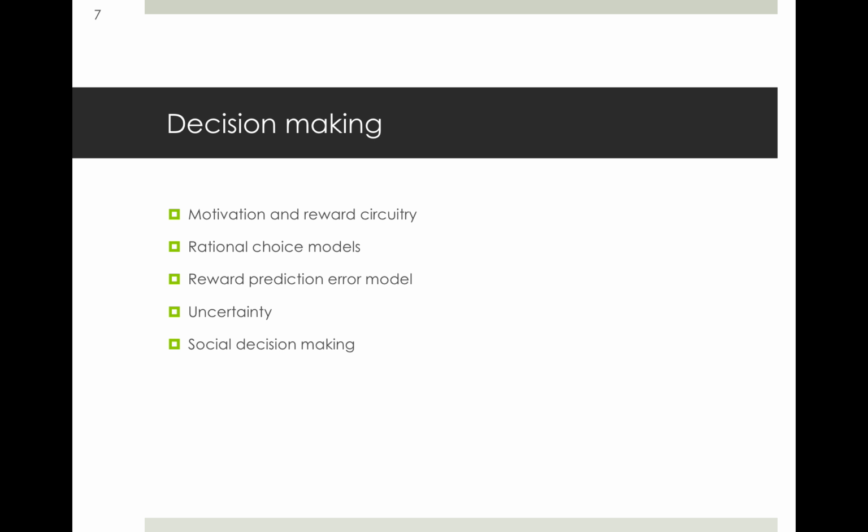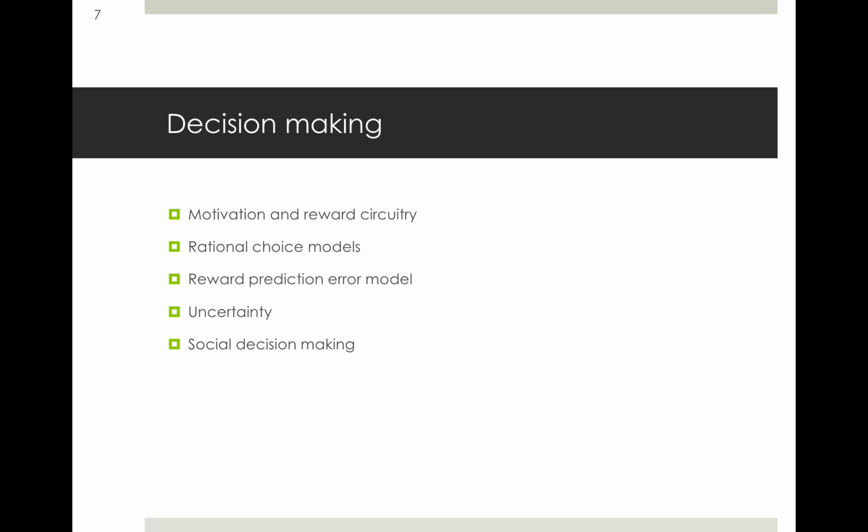Then we talked about decision making, which I really introduced as a way to think about engaging the motivation and reward circuitry, right? So the dopaminergic system, what are the areas of the dopaminergic system, and how do they connect to each other? And then, in contrast to the more neuroanatomical models, there's also the more mathematical models. So what's a rational choice model?